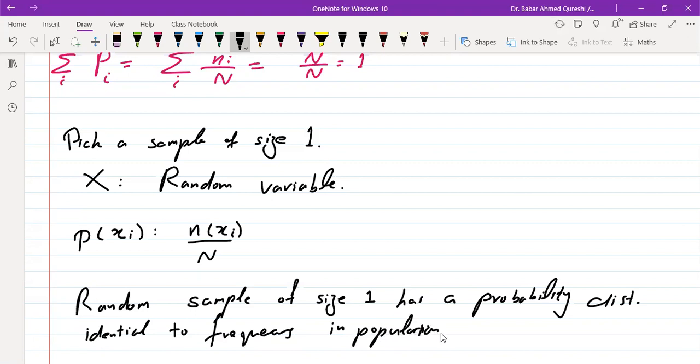Well, actually, this is exactly the definition of probability. I think this is exactly how you defined probability last semester. You have a great number of things and you are picking from there. For this picking, you can assign a probability, and you assign it according to frequencies. So sampling just one member is exactly the definition of probability.